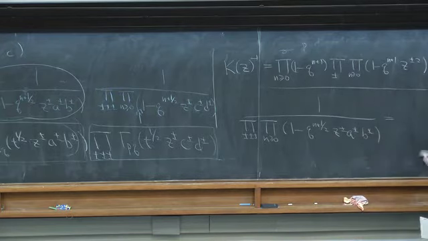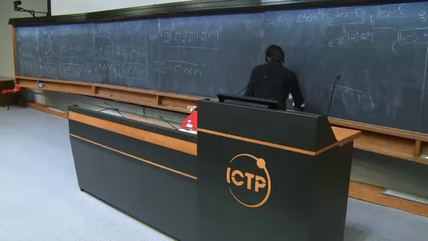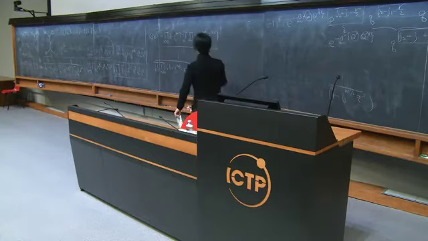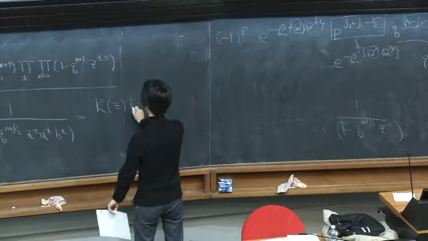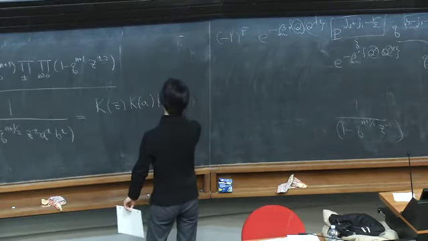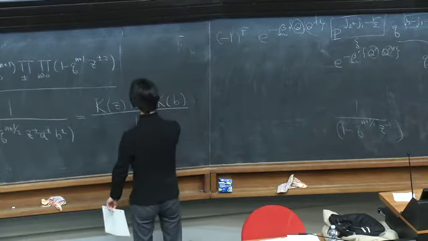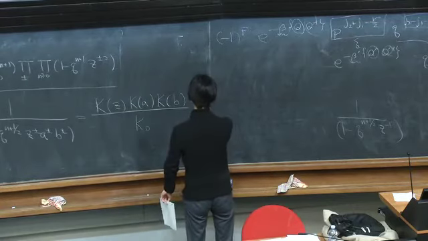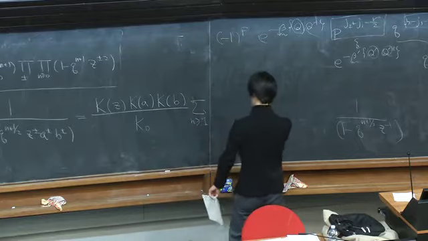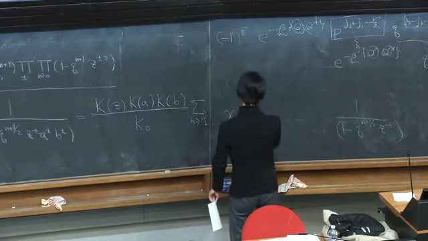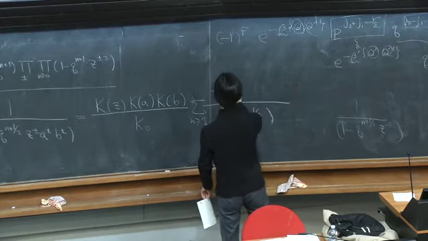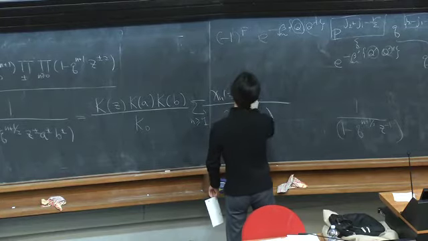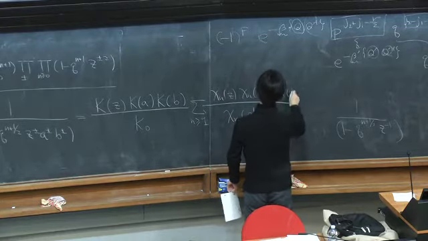But this can be rewritten in the following way: k, the same k but without the inverse, kz, ka, kb, divided by k naught, which I introduced shortly, and the sum is over positive integers, chi n, q to the 1/2, chi n a, chi n z, chi n a, chi n b.